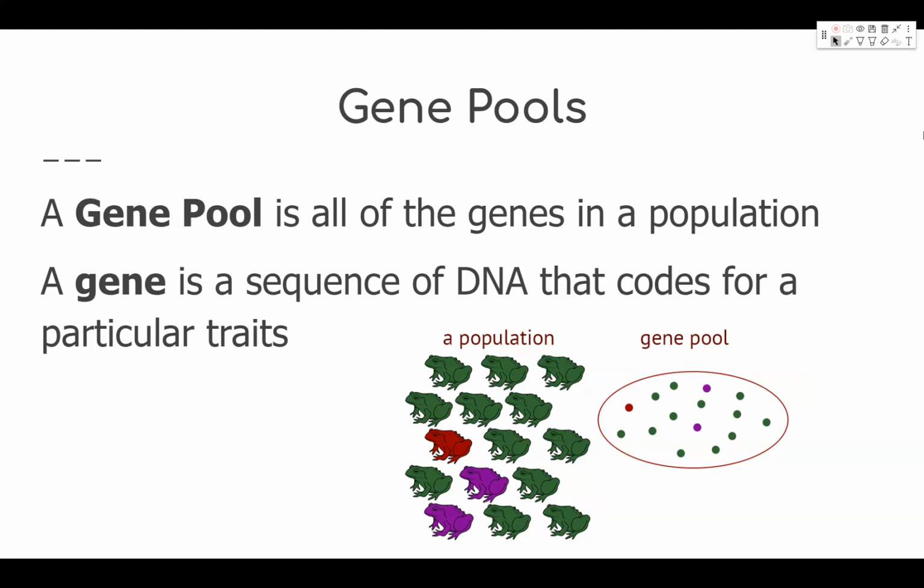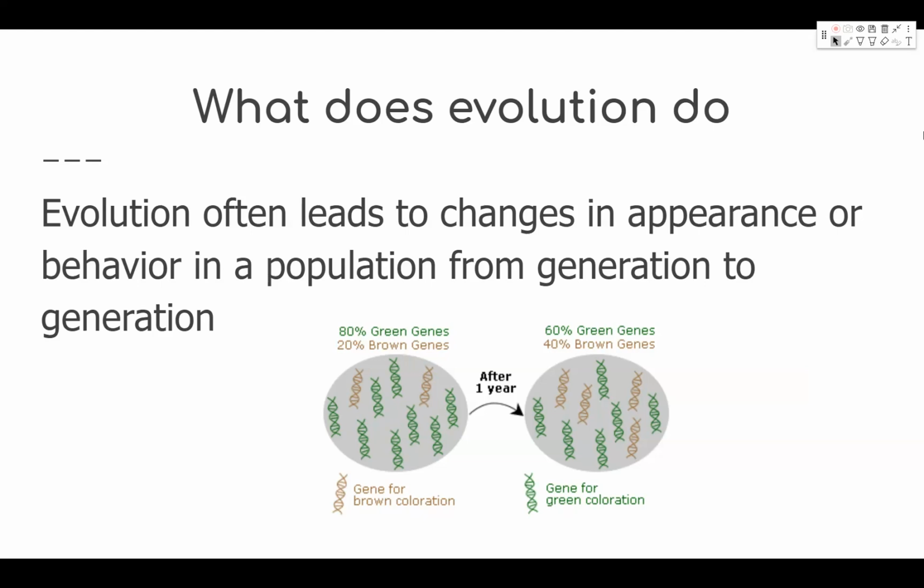So, genes and gene pools. What does evolution do? Evolution often leads to changes in appearance or behavior. That's mainly what evolution is going to change over time. So it changes the genes for this appearance or behavior. For this one right here, we'll say these are bugs.